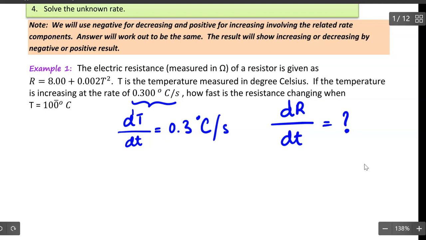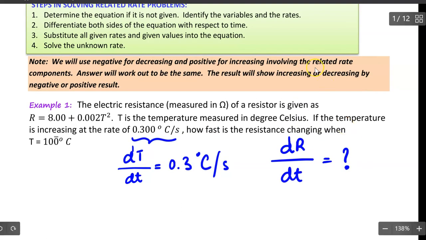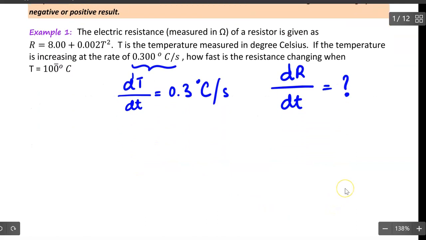Okay, so we identify our variables and the rates, and then what we do is we are going to differentiate both sides of this equation, and we will differentiate it implicitly.